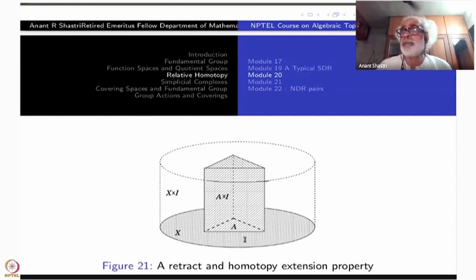Why? Because to verify something is a cofibration, you have to verify for every space, every map, and so on. A homotopy extension property you have to establish. It's an impossible task. Here, you have to only verify whether this particular subspace is a retract of X cross I or not.